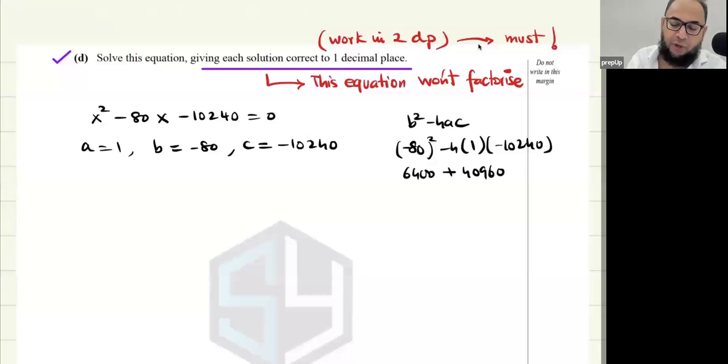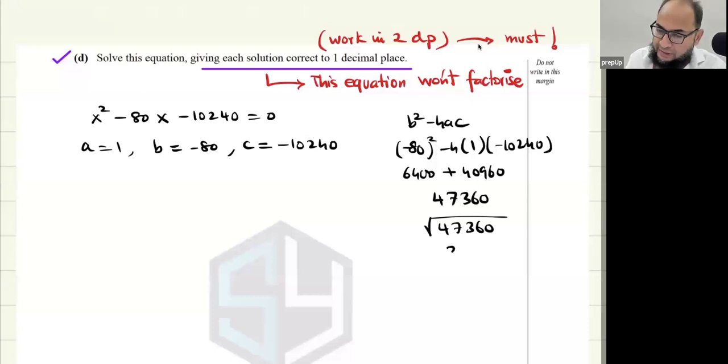Let me add 6400 over here. This comes out to be 47360. Let me take the square root, and this comes out to be 217.62. This is 2 dp.